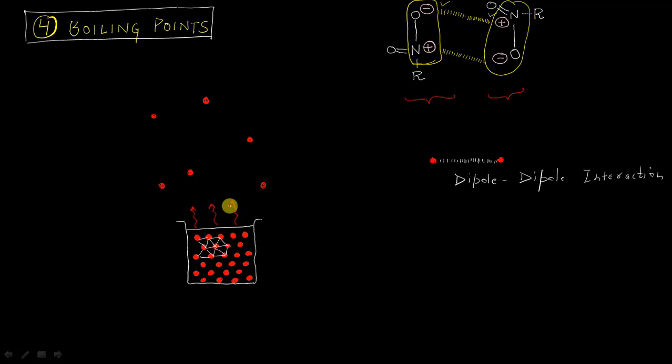In order to have such a scenario, I need to break this dipole interaction between these nitro compounds. So when it was present in this beaker in the liquid form, and when I somehow break the force of interaction between these nitro compounds, what I will have is the nitro compound in the vapor form.